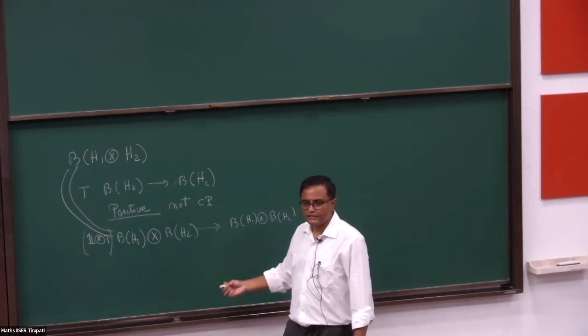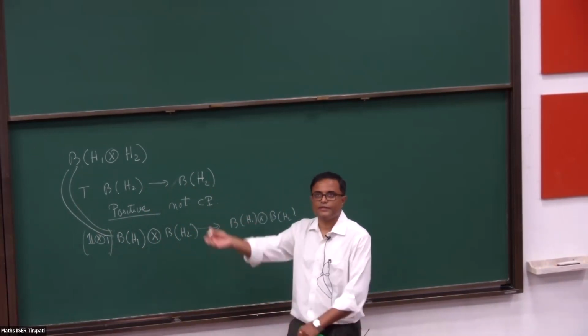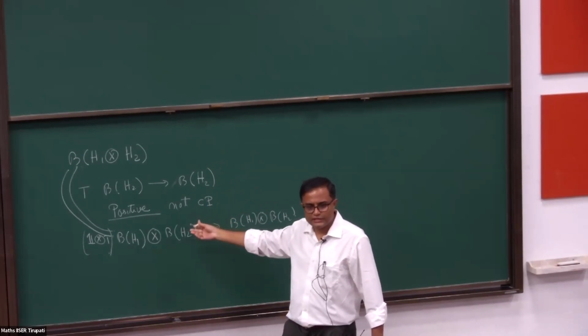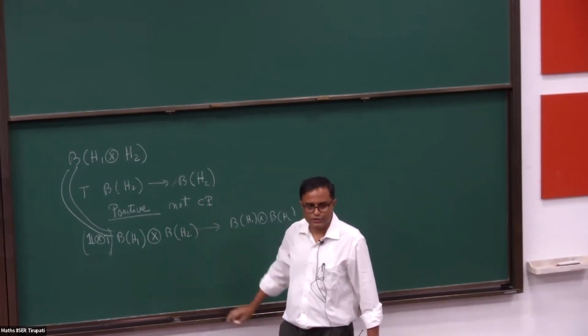This is what is called complete positivity. If it is positive for every extension, then it is called completely positive. The simplest example which does not follow this criterion is the transpose operation.